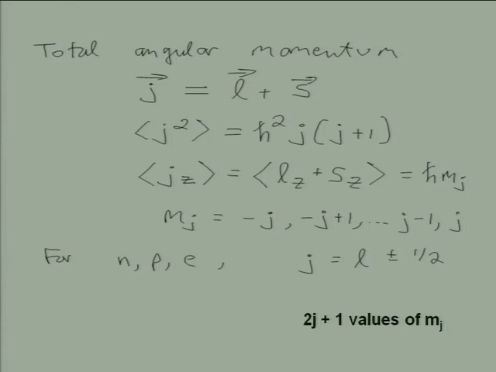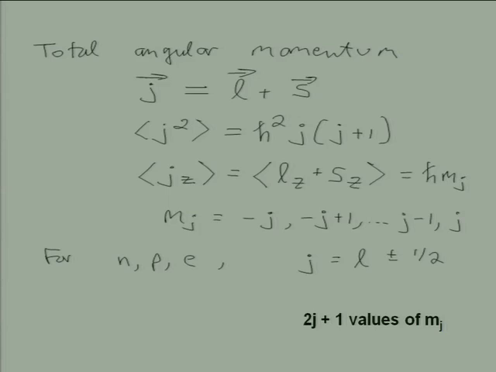So for example, if I have a particular value of J, the Z component of J can range from minus J to J in steps of 1 h bar. So if J, let's say J is a half, the lowest case we can have. Orbital angular momentum L equals 0, intrinsic spin a half, so J is a half. J sub Z then can go from minus a half to plus a half, and it would only have two values.